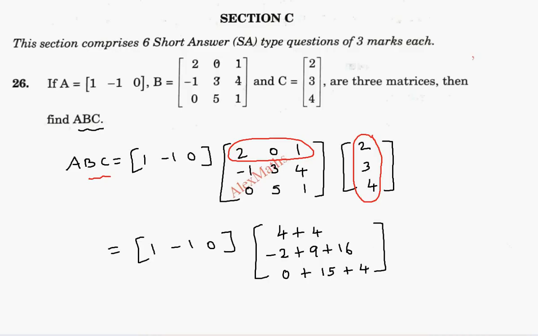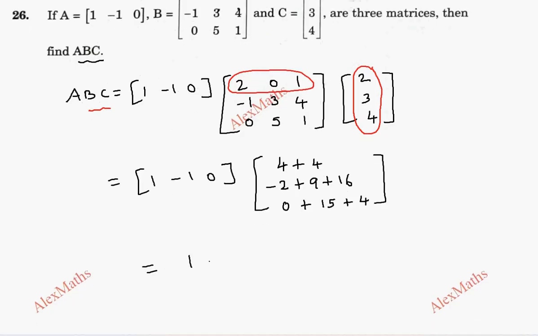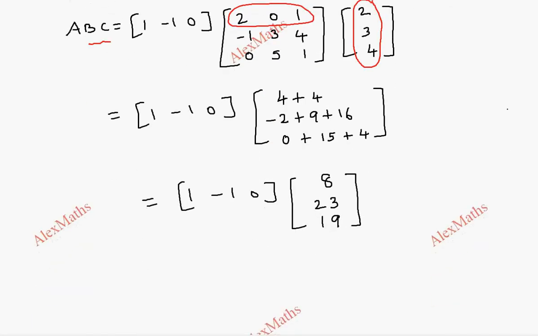So finally we get 1 minus 1 0, the matrix A is kept as it is, and this is 8, and minus 2 plus 9 is 7, and 16 plus 7 is 23, and this is 19. Now we are going to multiply these two.